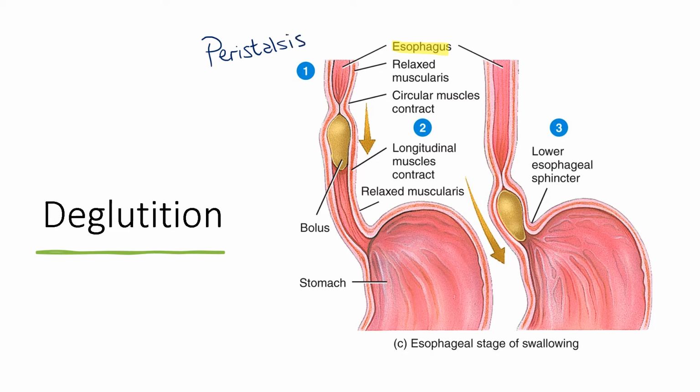So peristalsis is this progression of coordinated contractions and relaxations of the circular muscles and longitudinal muscles of the muscularis, which are going to push the bolus forward.